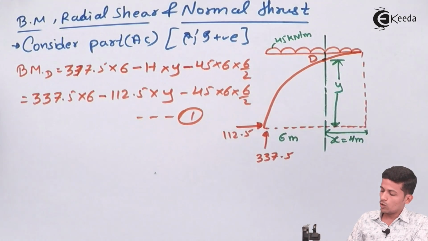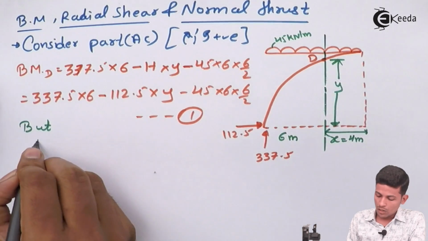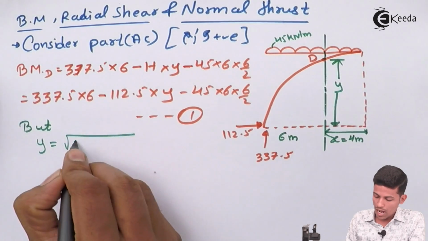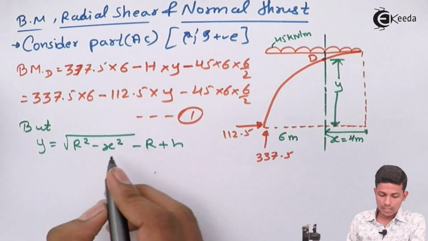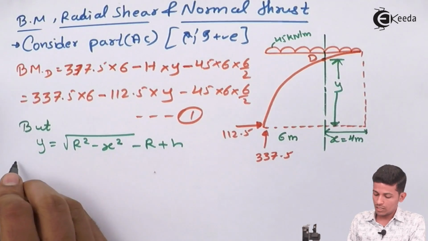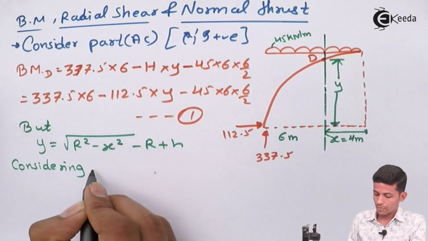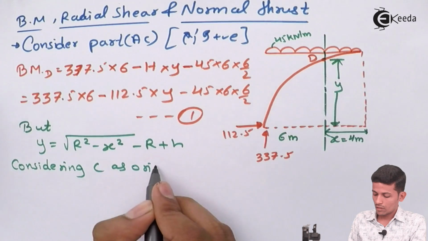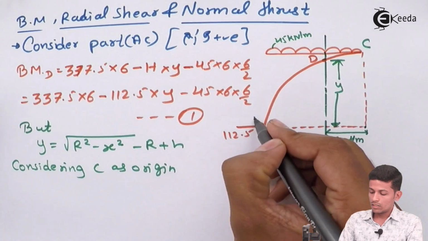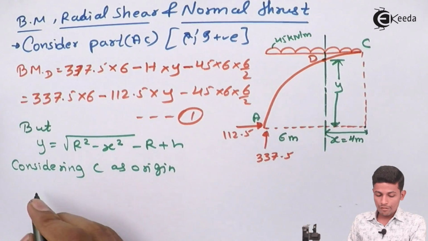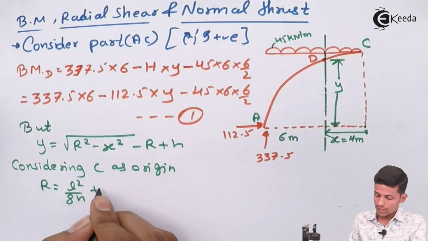But as you all know, y is equal to the square root of r square minus x square, minus r plus h, considering C as origin. Now considering the C part as origin, we have the formula of r as L square upon 8h plus h by 2.